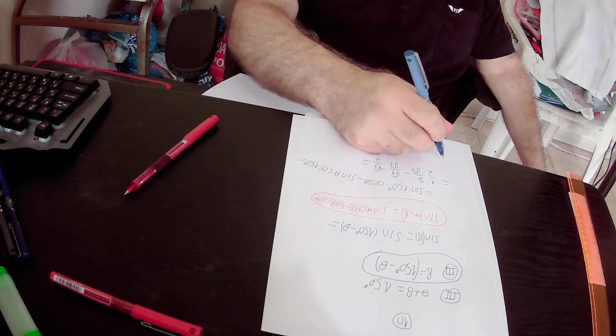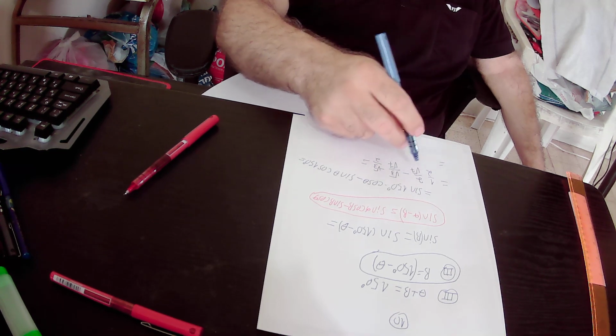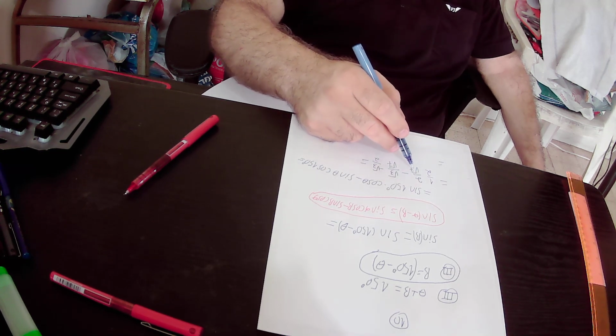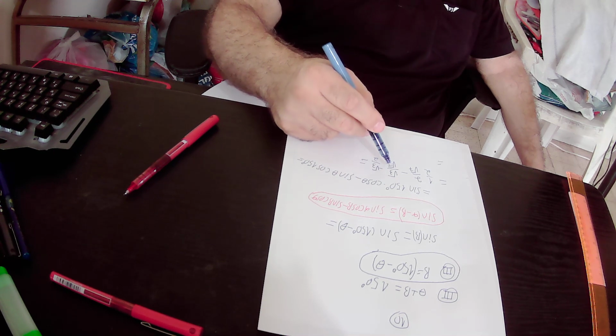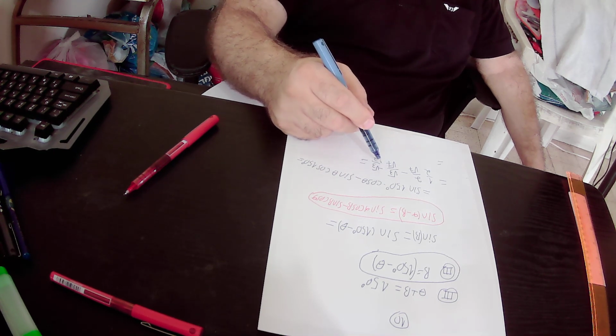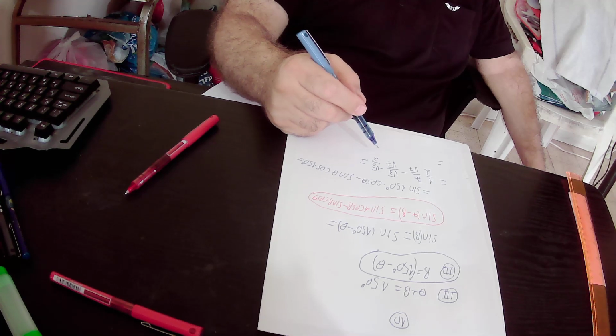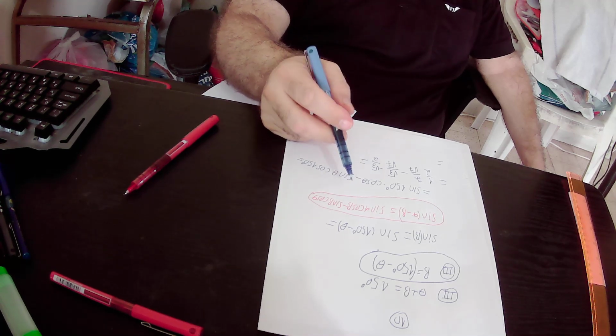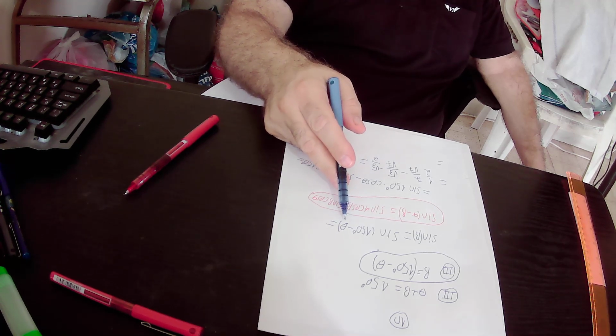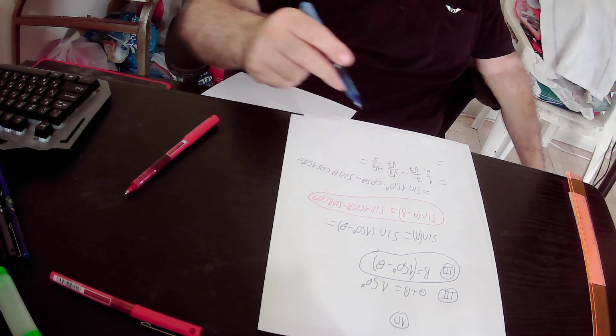So in total we got 1 over 2 times 2 over root 7 minus root 3 over root 7 times minus root 3 over 2, and that equals sinus beta.